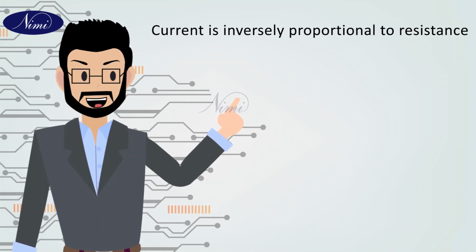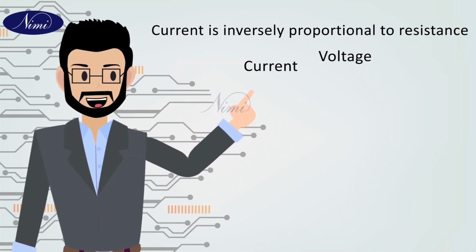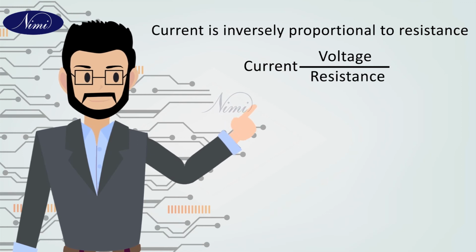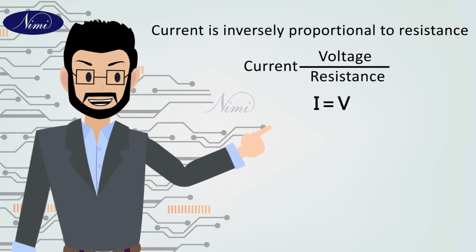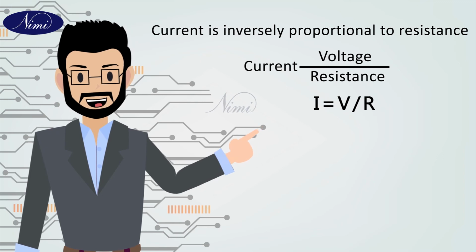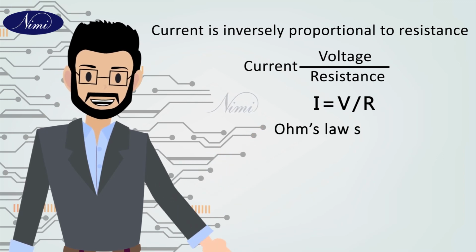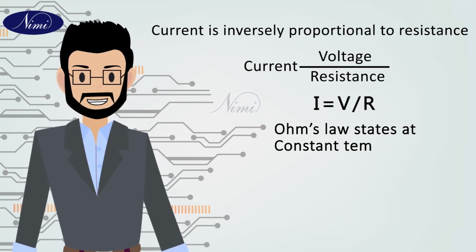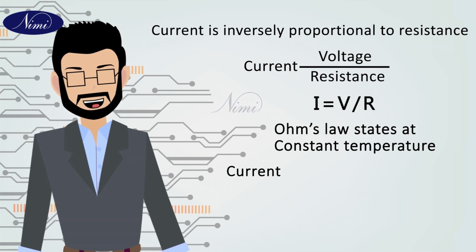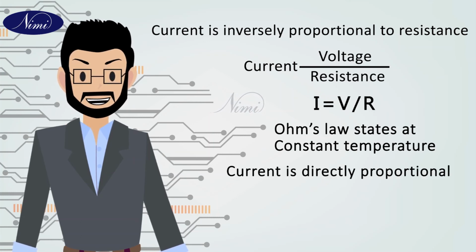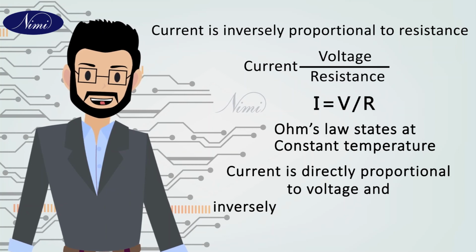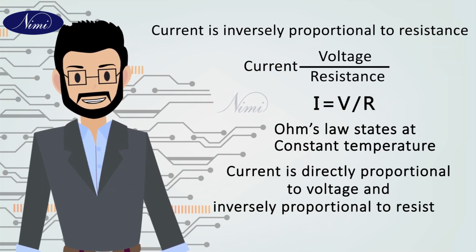Altogether, current is voltage by resistance. I is equal to V by R. Finally, Ohm's law states that at constant temperature, current is directly proportional to voltage and inversely proportional to resistance.